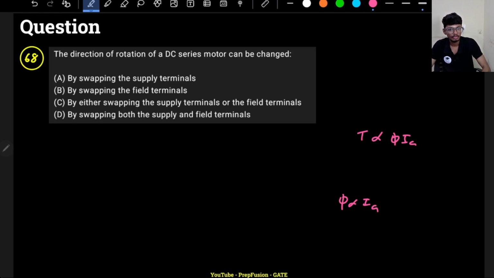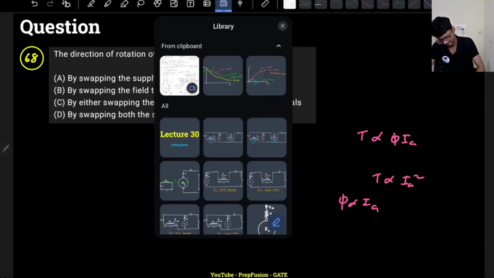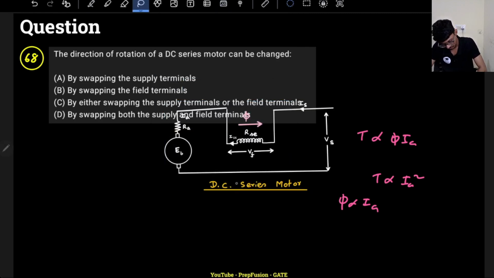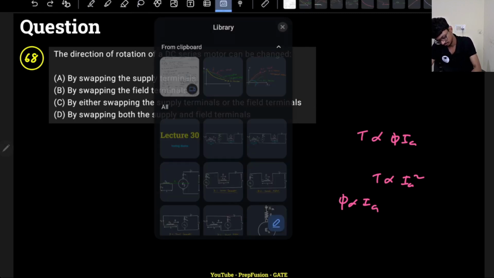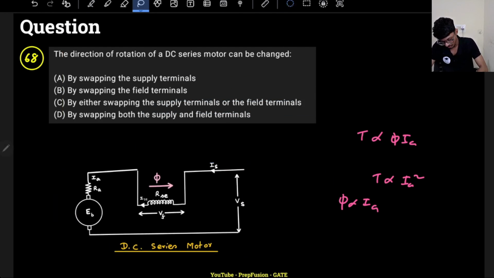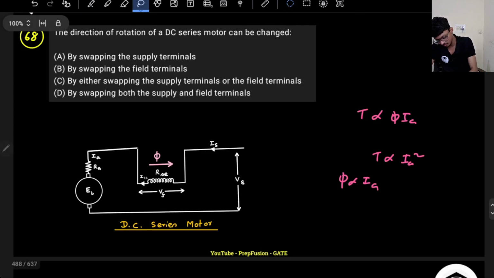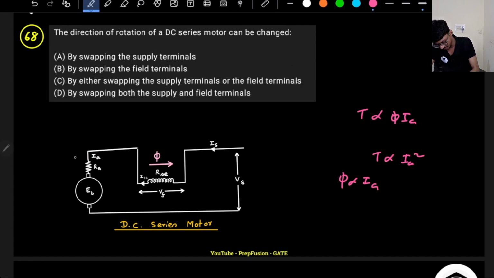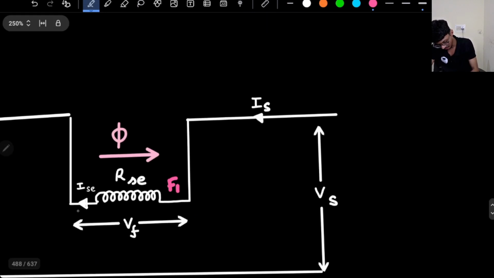So I cannot directly reverse the direction of torque, because it is proportional to the square of it. So how can I actually reverse the direction of the torque? If I draw the circuit, ultimately what we can do is, look, these are the terminals of the armature A1 A2, and these are the terminals of the field winding F1 F2.